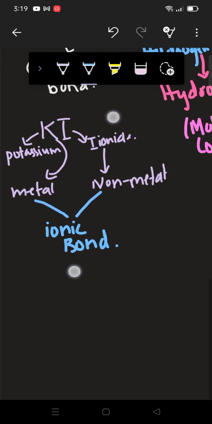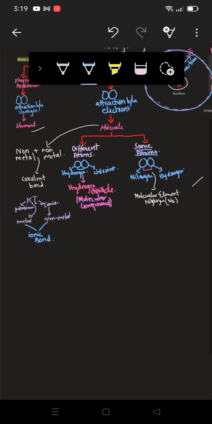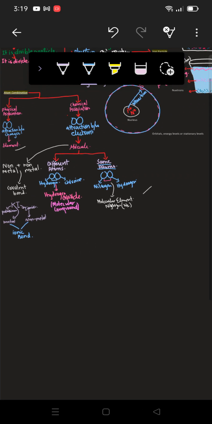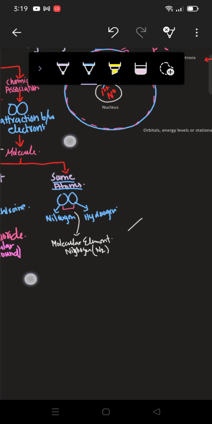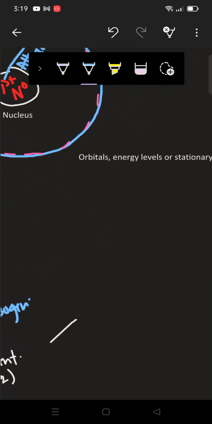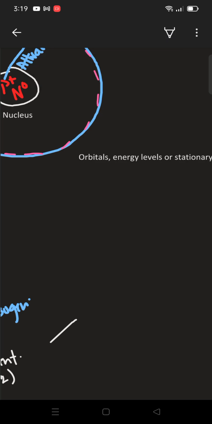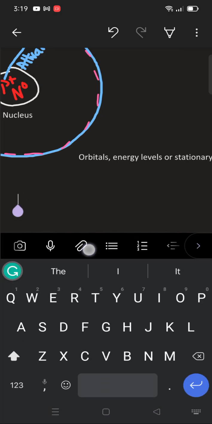Whenever non-metal and non-metal combine together, they form a covalent bond, and whenever metal and non-metal combine together, they form an ionic bond. Alright, so now let's see what the bond is in the organic molecules. We are starting with carbohydrates first.